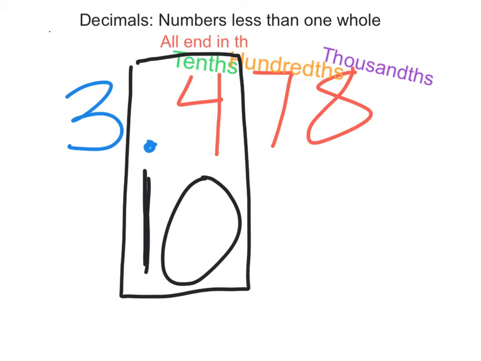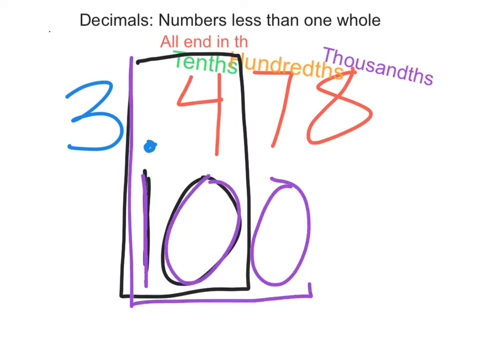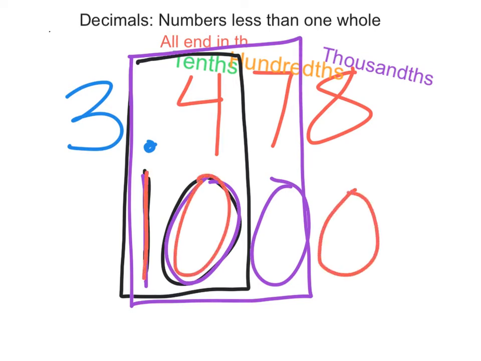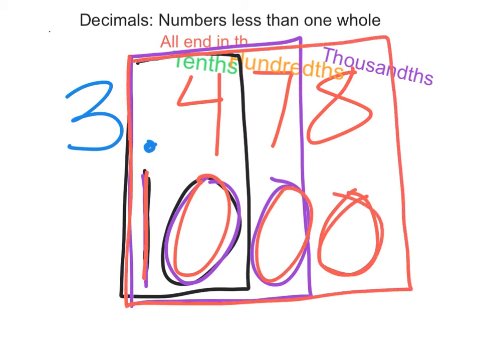So if we continue that pattern, if we do our 1, a 0, and a 0, box it out, now we see there's a 100 underneath the 7, so the 7 is in the hundredths place. And if we go one last one, we'll put 1, 0, 0, 0, box it out, we see that the 8 is in the thousandths place because there's a 1,000 underneath.